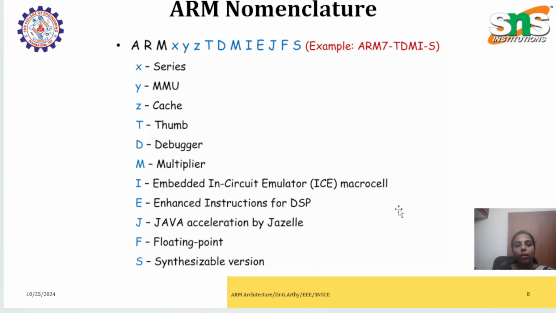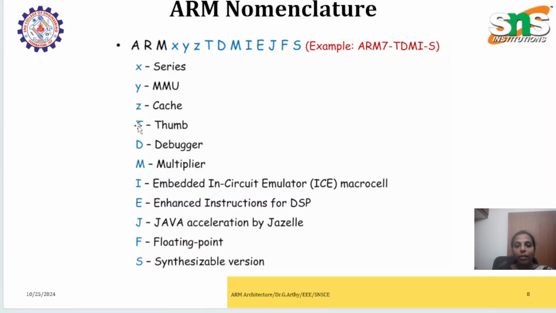Coming to the ARM nomenclature, in ARM, A stands for advanced, R stands for RISC, and M stands for machine. Along with this, see, here is an example. Here the 7 stands for family. Other than this, we have a few alphabets, and the abbreviation of these alphabets is mentioned here.